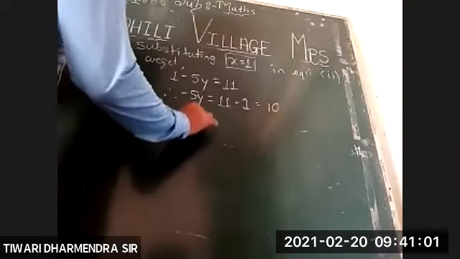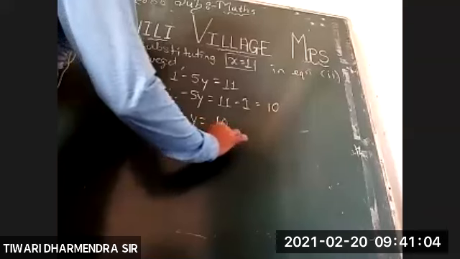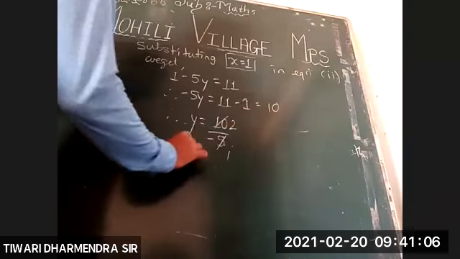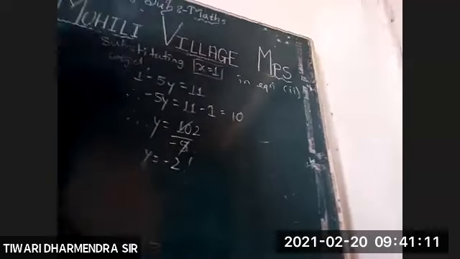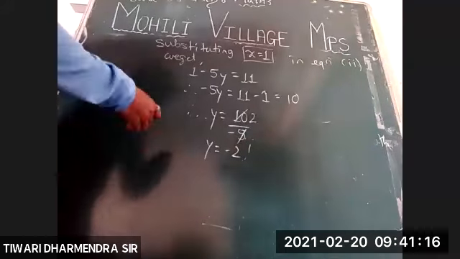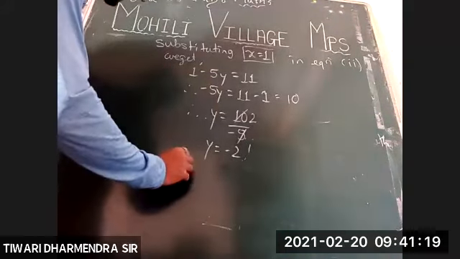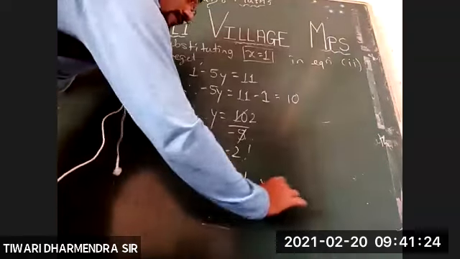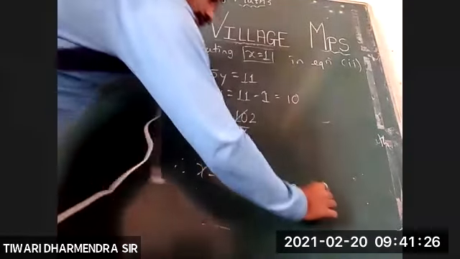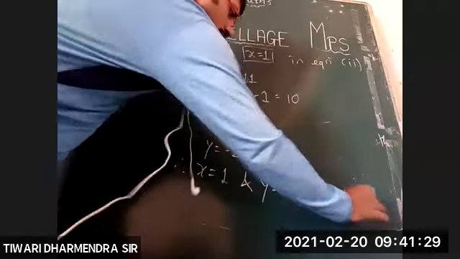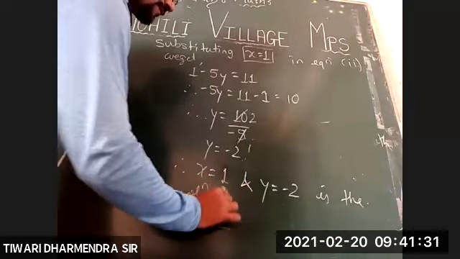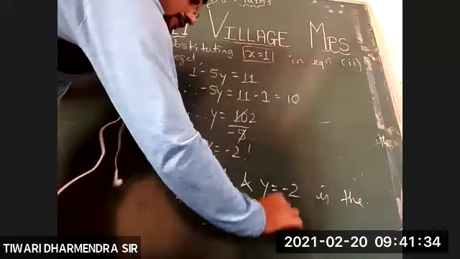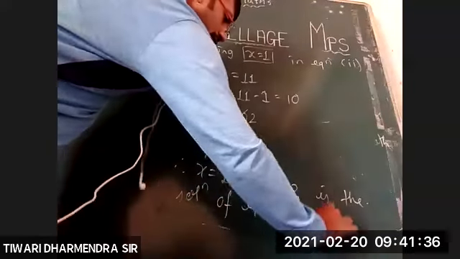Therefore y is equal to 10 upon minus 5. 5 2s are 10, so y is equal to minus 2. Therefore x is equal to 1 and y is equal to -2 is the solution of equation 1 and equation 2.